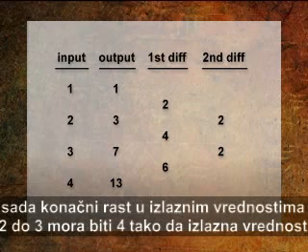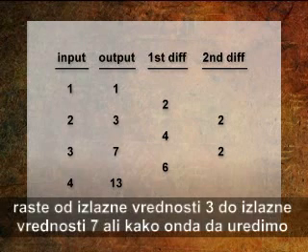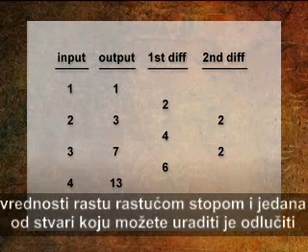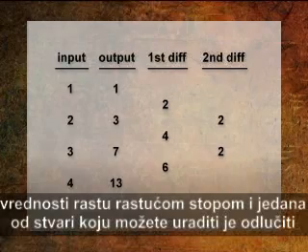Now, the total increase in output from 2 to 3 has got to be 4. So the output increases from an output of 3 to an output of 7. But how do we then arrange this output in order to take into account the fact that the outputs are increasing at an increasing rate?